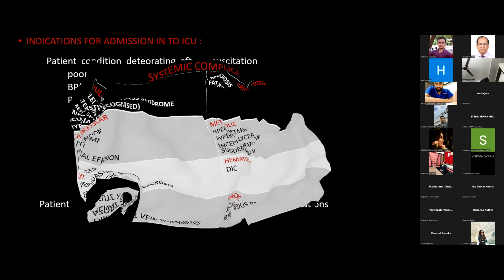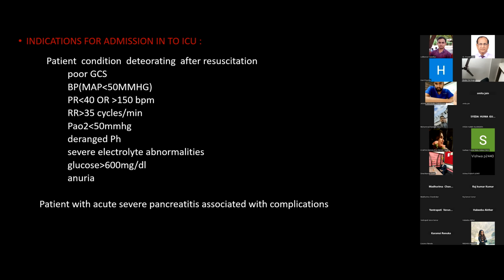Now the patient presented to you and we diagnosed using laboratory investigations and imaging modalities, and we resuscitated the patient in the emergency department. Now, what are the indications for admitting that patient into ICU?